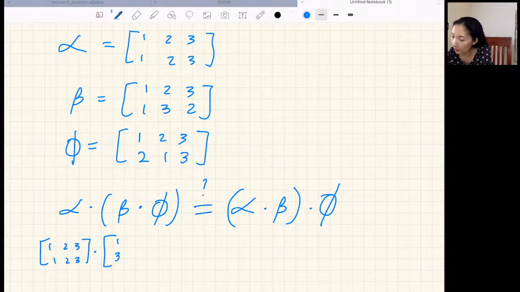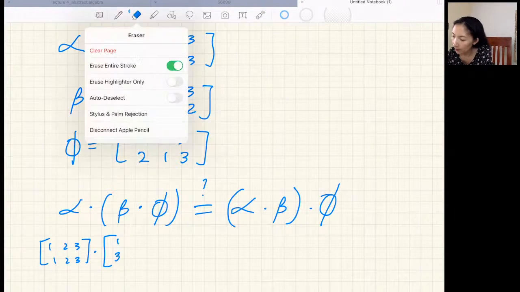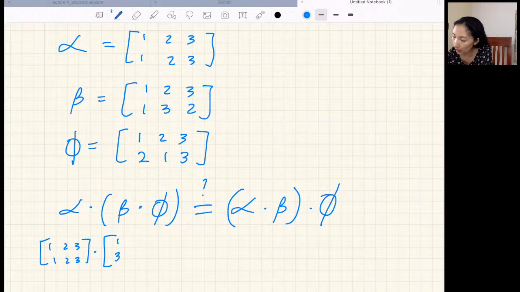Next, in phi, 2 is mapped to 1, and 1 is mapped to 1. So 2 goes to 1. Next, phi maps 3 to 3, and 3 is mapped to 2. So 3 goes to 2.